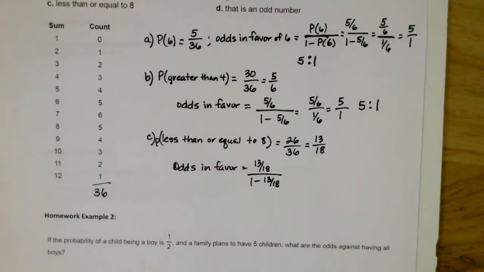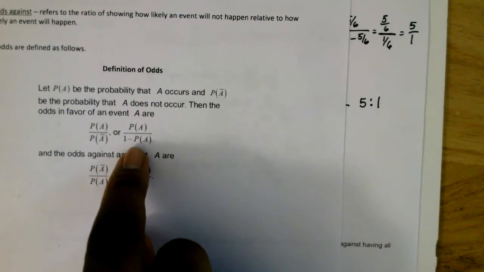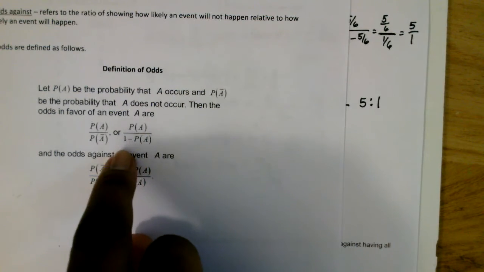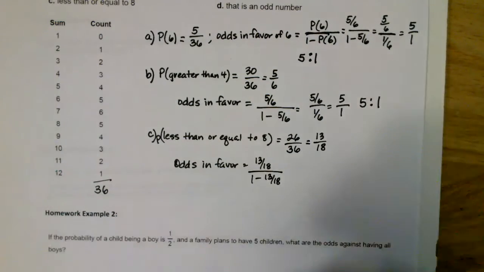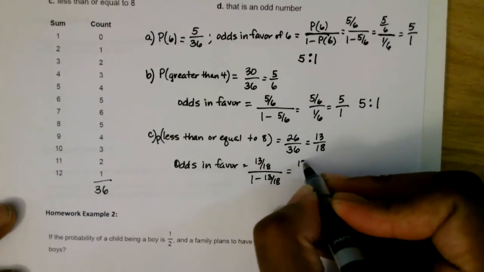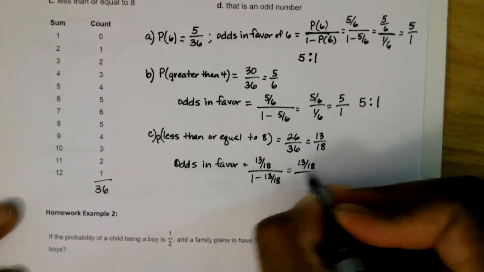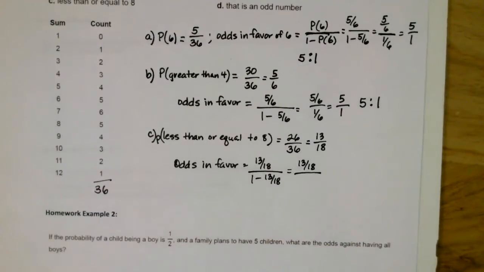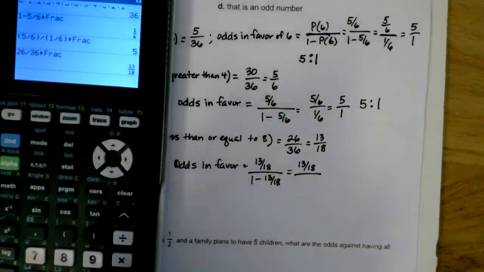So I'm still using this right here, the odds in favor: probability divided by 1 minus its probability. So this would be 13/18 divided by 1 minus 13 over 18.